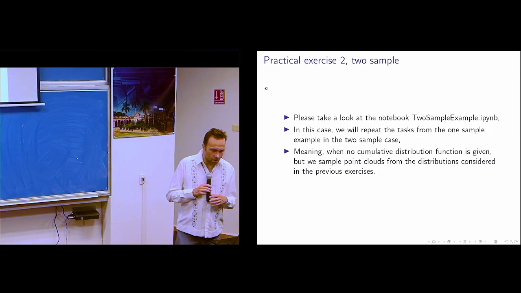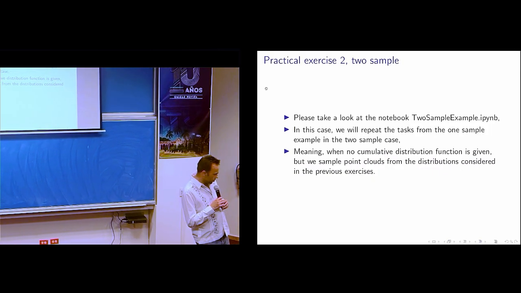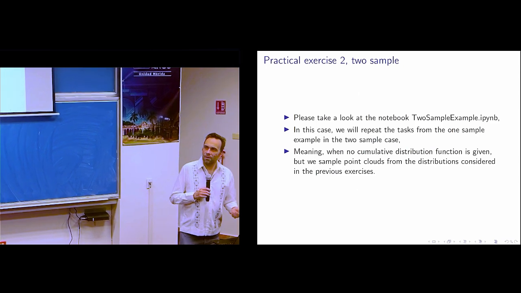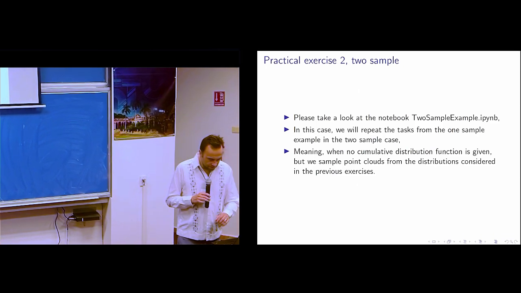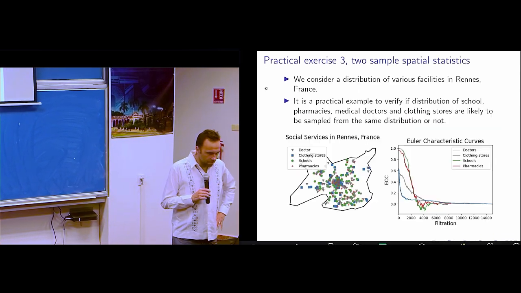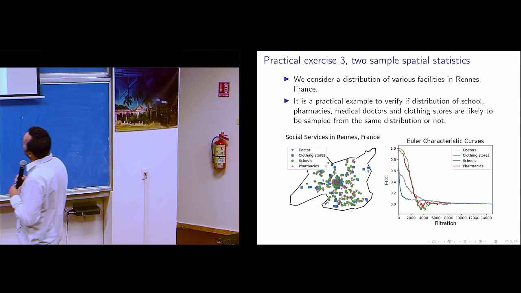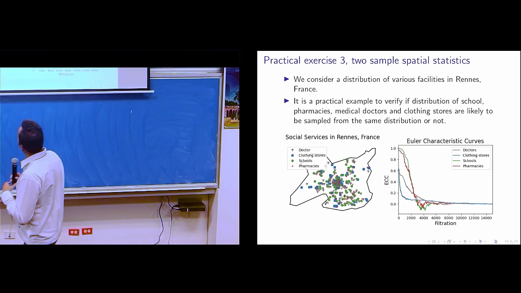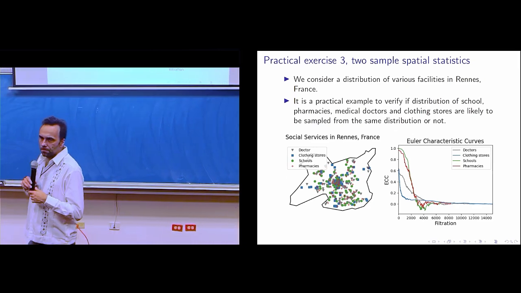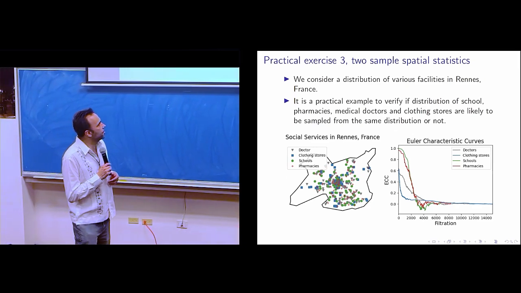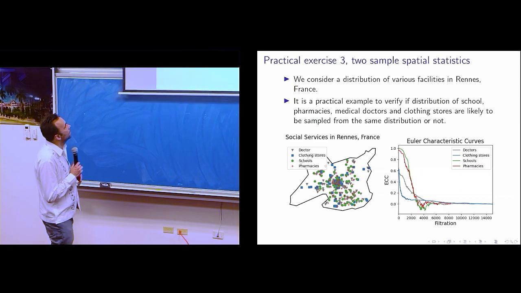We have an analogue for 2 sample, and in the interest of time, you can feel free to play with it. What I may want to show you is another version of a 2 sample problem when we are looking at a problem in spatial statistics. There is a data set, and both in the paper and in the notebook, you can have a reference.